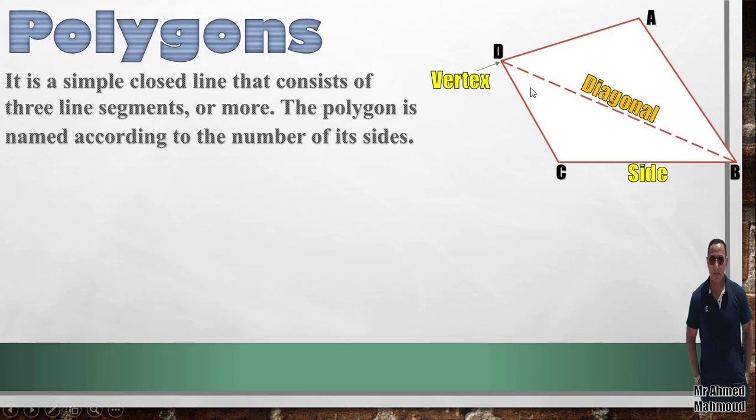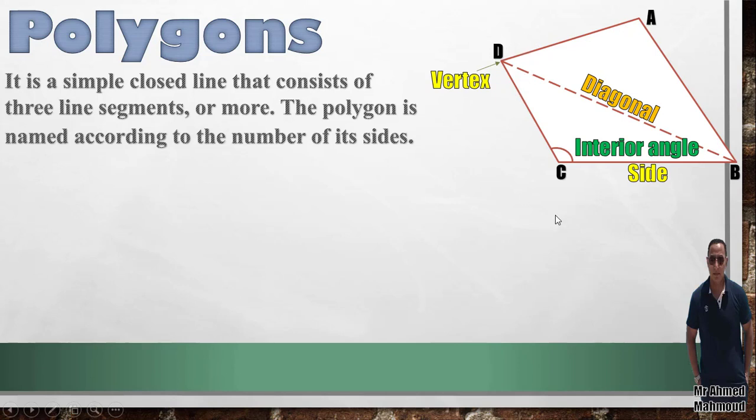Now we have inside the shape 4 angles: angle A, angle B, angle C and angle D. Each of them is called an interior angle, interior because it is inside the shape. So angle C is an interior angle, angle A is an interior angle, B is an interior angle, D is an interior angle.